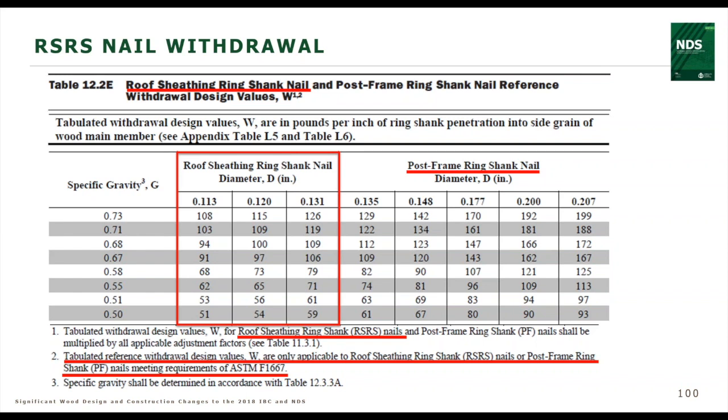So table 12.2E has been modified to accommodate these new fasteners that have been added, and you can see there are some new columns added for our various fastener diameters.